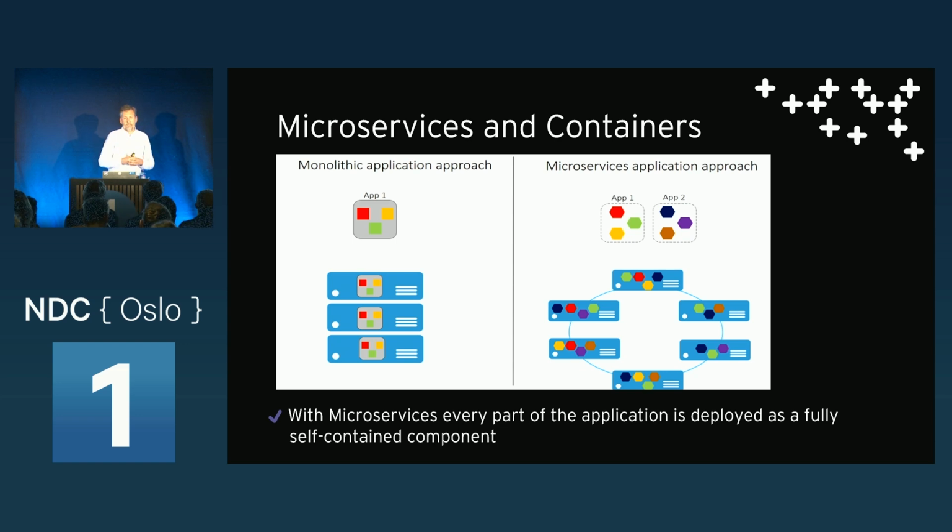Because once you put these things in a container, it doesn't really matter what's inside them. It doesn't matter if you do .NET or Java or Python. Container is a very nice standard, and once you have it in a container image, you can really deploy it anywhere as long as you have a container orchestrator somewhere. So it's a really good fit.